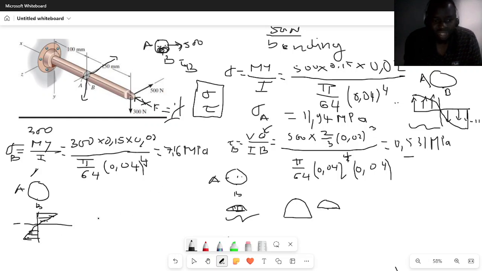One side is positive, the other side is negative. So you can choose to say 7.16. It's up to you how you represent it. And this side is minus 7.16. This is what they mean, guys, by the result.